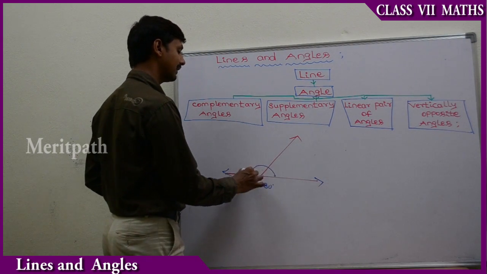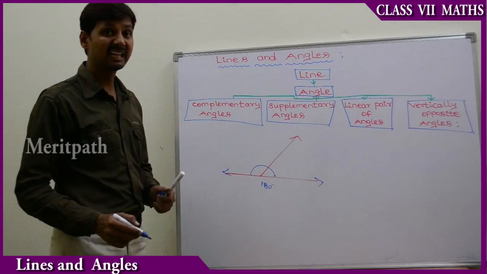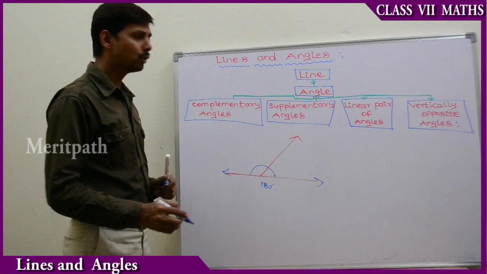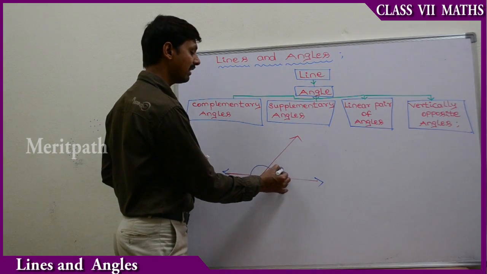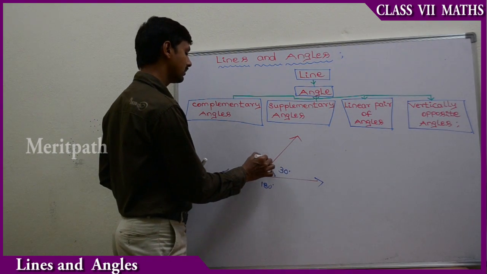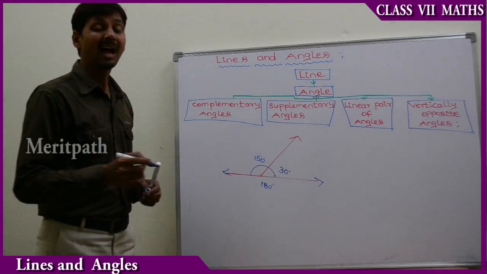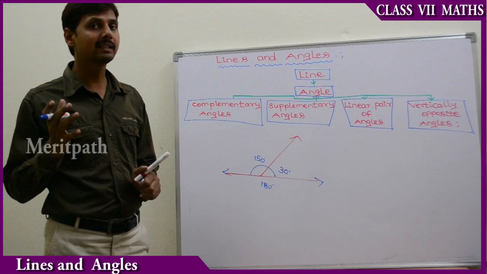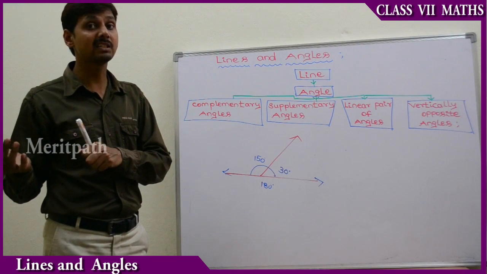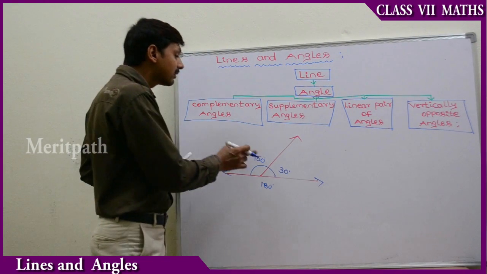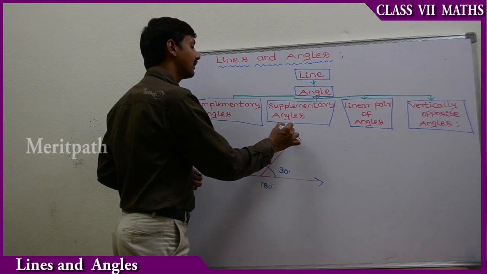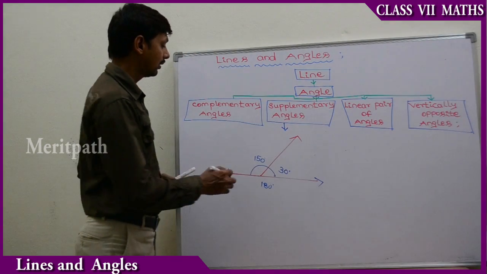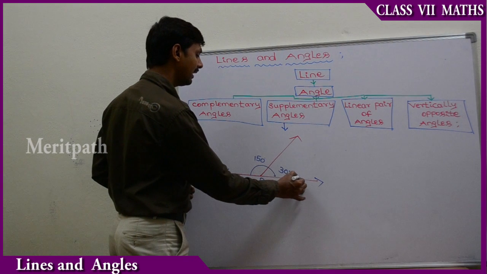On a straight line we get 180 degrees. If we add two angles, like previously we took 30 and 150, and the sum of the two angles is 180 degrees, we call them supplementary angles. They supplement each other.